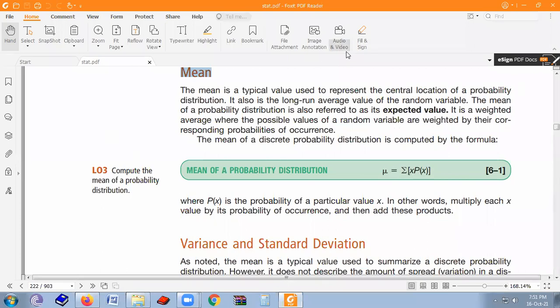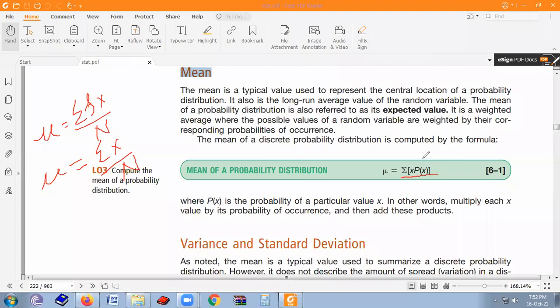For a frequency distribution, the population mean was summation x fx divided by capital M. For raw data, the mean was summation x divided by n. So in a probability distribution, the formula is mu equals summation x into probability of x.